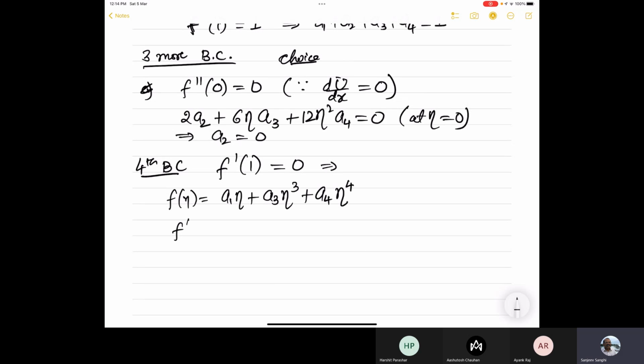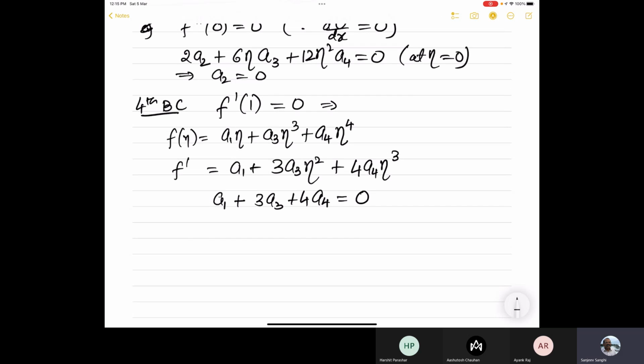So f prime now will become equal to A1 plus 3A3 eta square plus 4A4 eta cube. And when you put f prime of 1 is equal to 0, we get A1 plus 3A3 plus 4A4 is equal to 0.